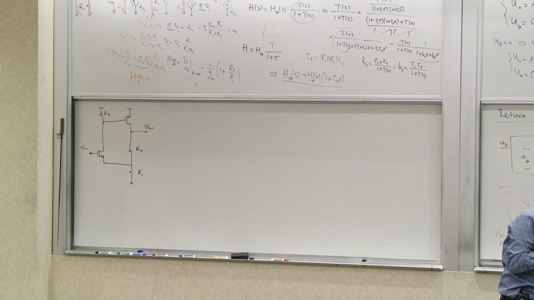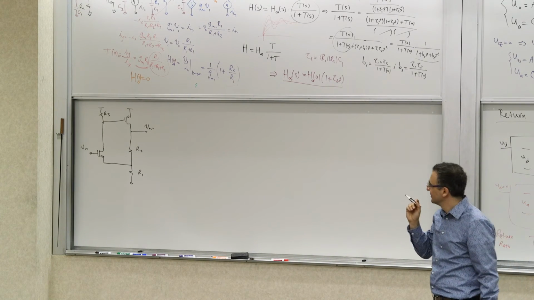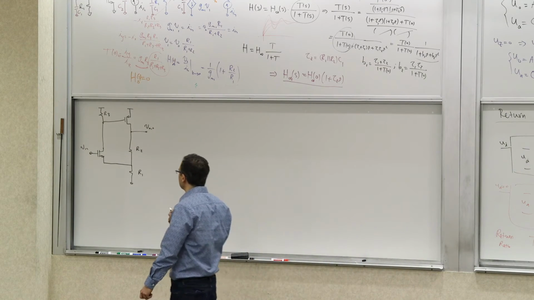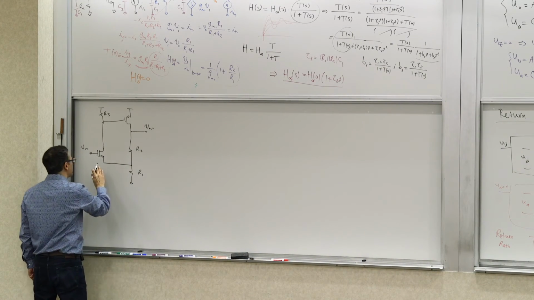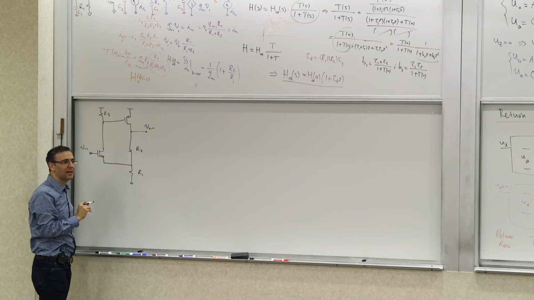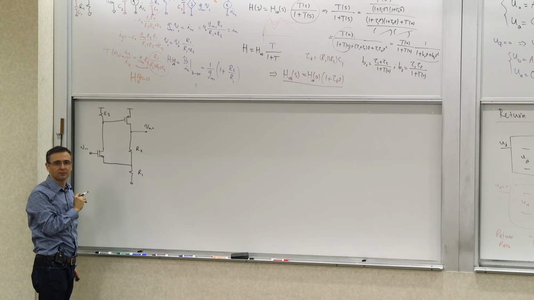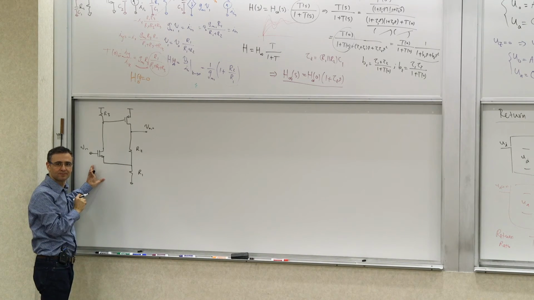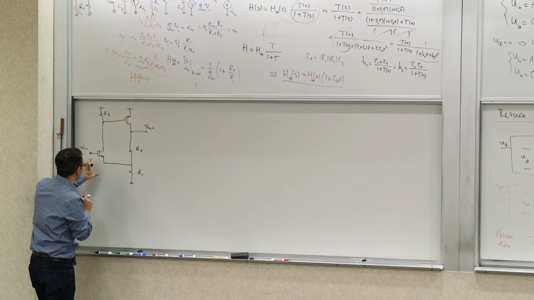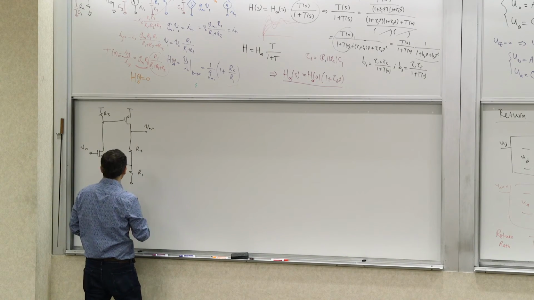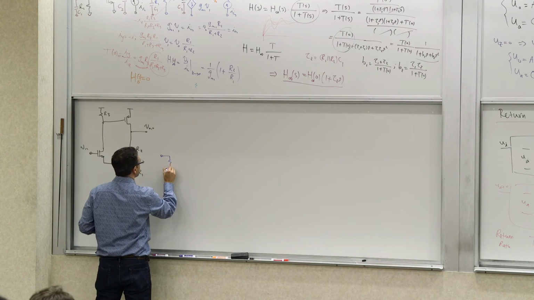And we are going to do the 3 calculations again for this, but we are going to do it 2 different ways, and we'll see the difference here. The first time we calculated with the T model. We use the T model for this guy. So if you use the T model for it, the small signal model will start looking like this.